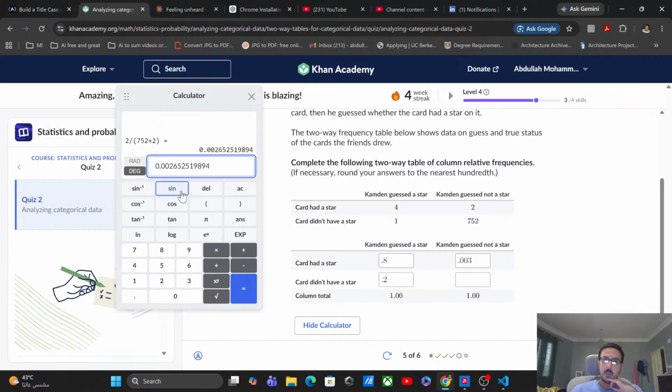So 1 minus 0.003, 0.997. Is this the nearest hundredth?